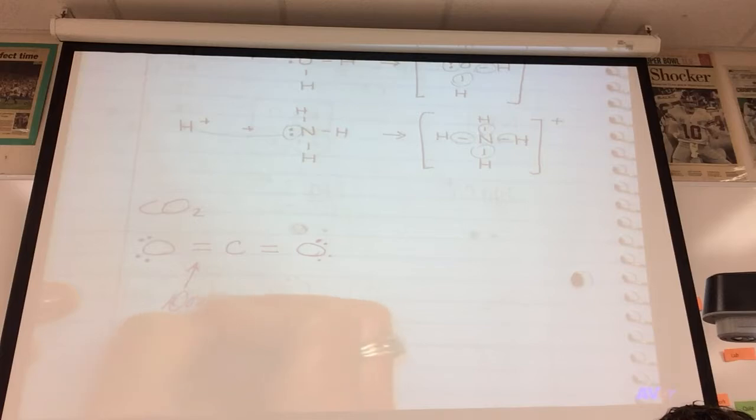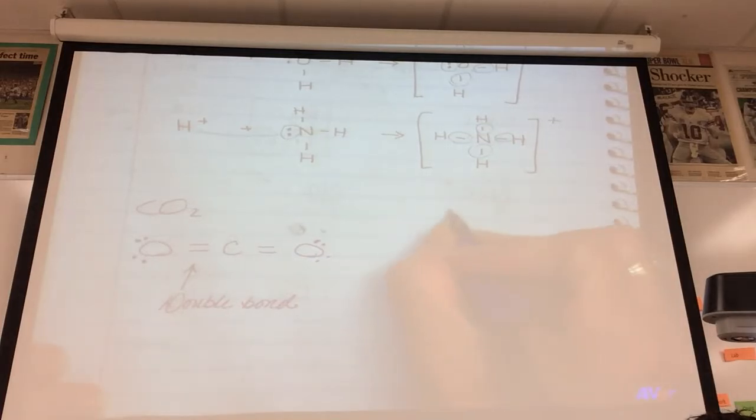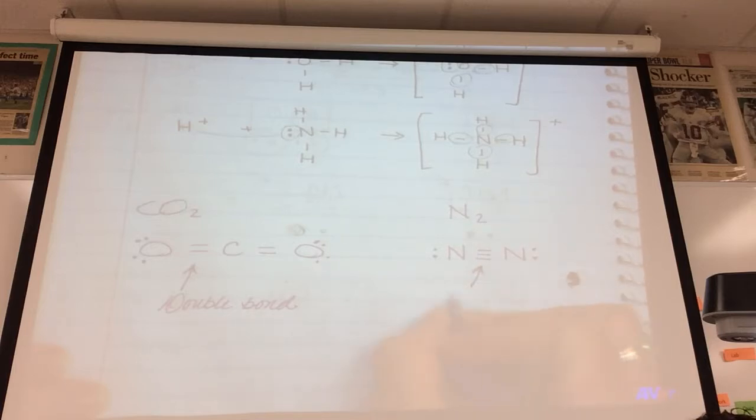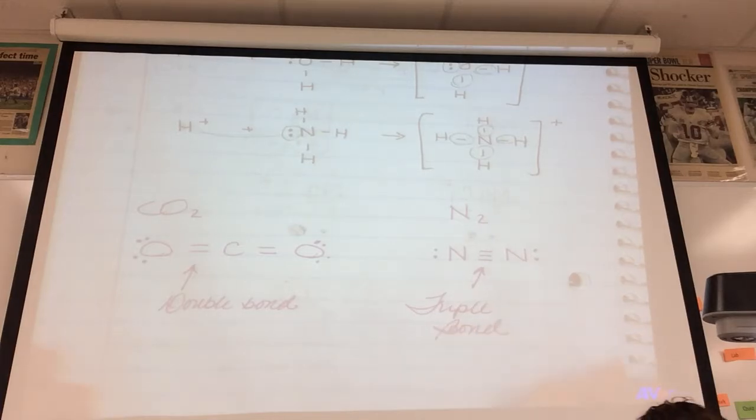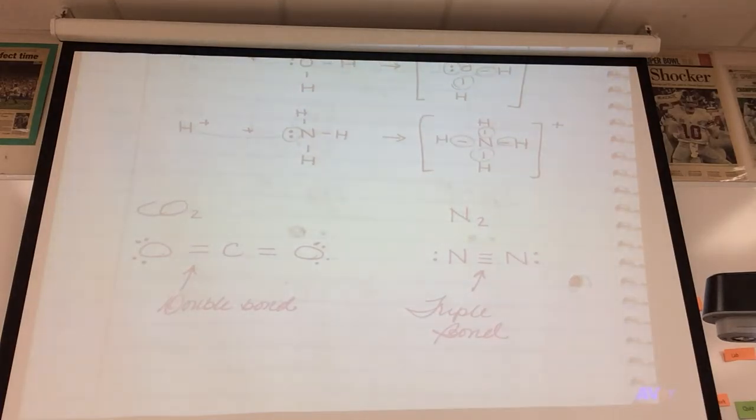This is a double bond, and a double bond is 2 shared electron pairs, or something like nitrogen gas, where you have a triple bond holding the 2 ends together. What do you think is stronger, a double or a triple? Triple, for sure. That's going to be stronger and shorter because the bonds get a little bit twisted.